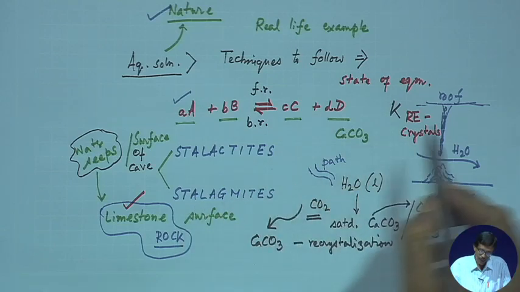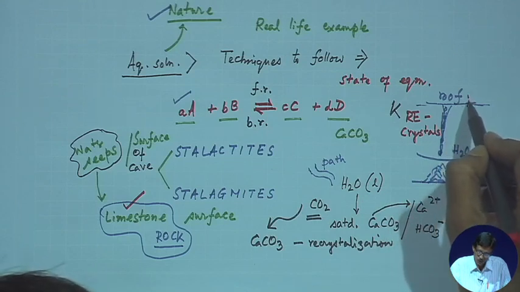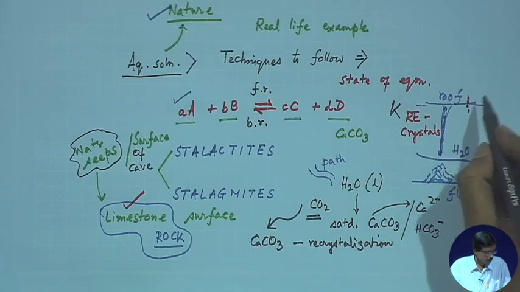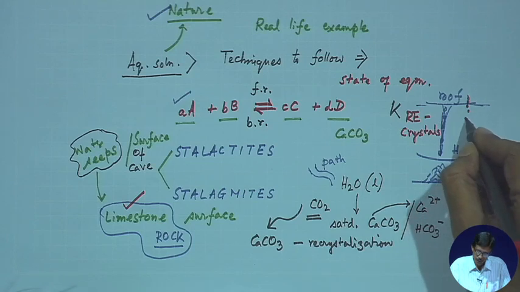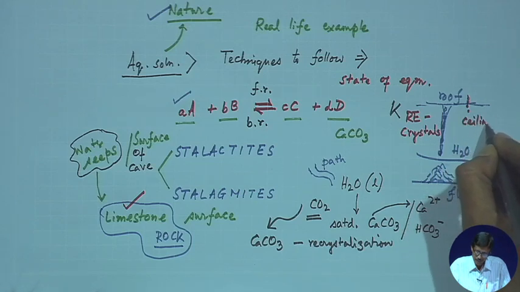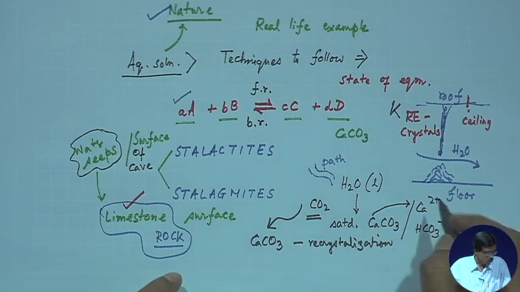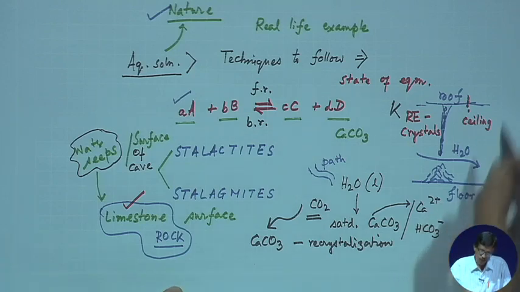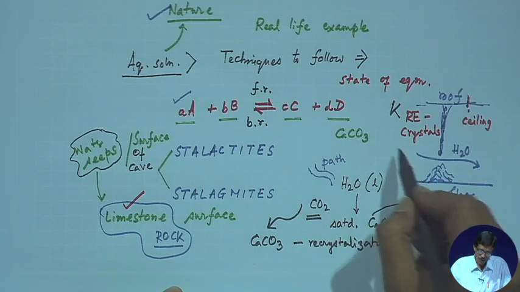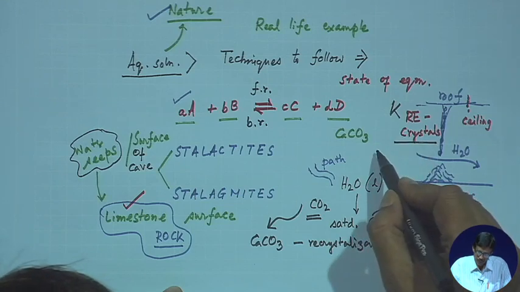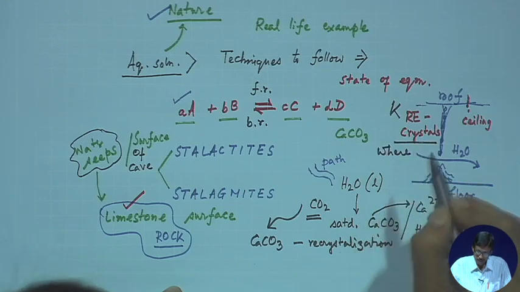Basically, from the roof, water droplets are dripping from the ceiling, and we have the floor also. So where do these form?